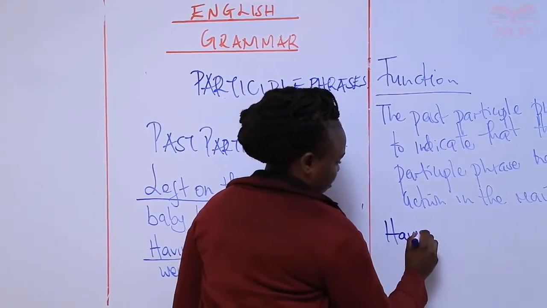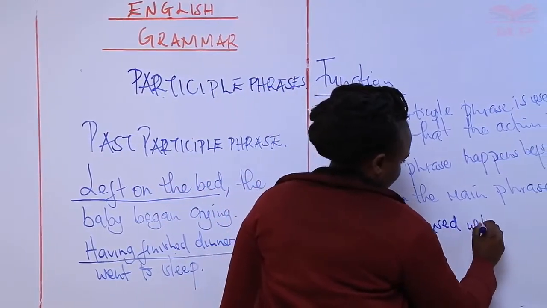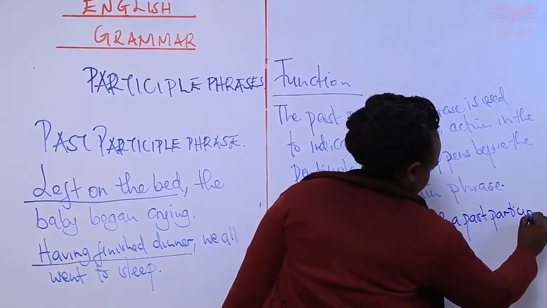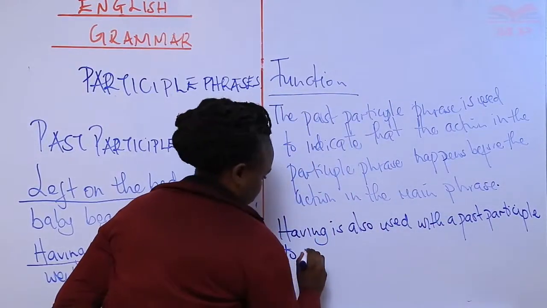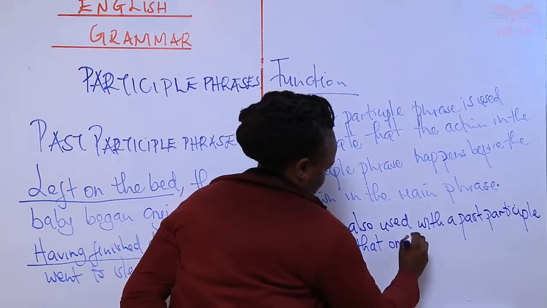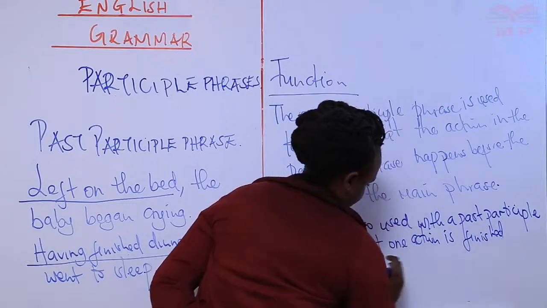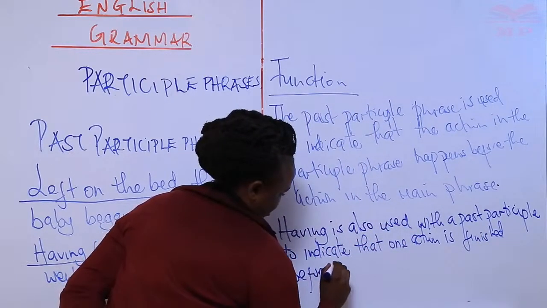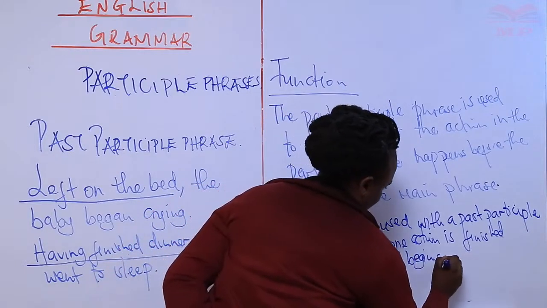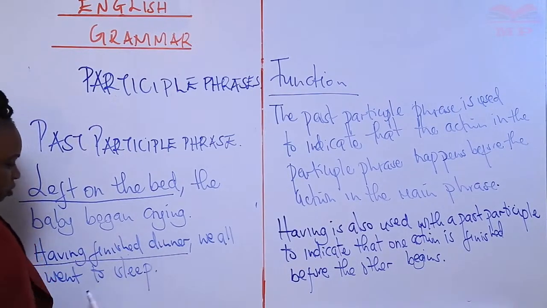Having is also used with a past participle to indicate that one action is finished before the other begins. Okay, so having finished dinner happens before the going to sleep.